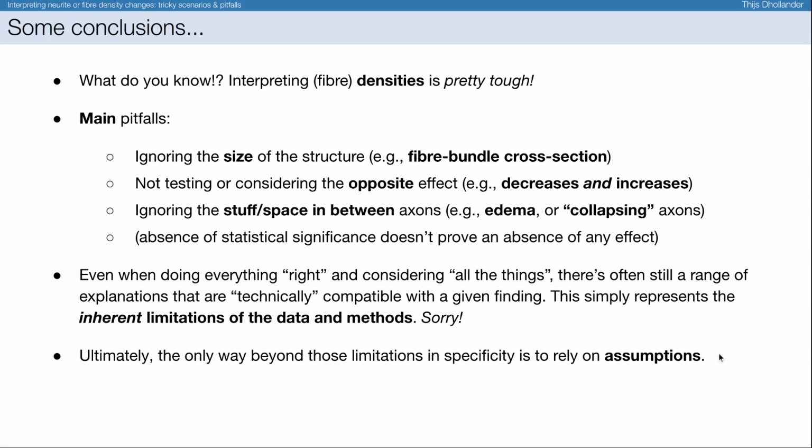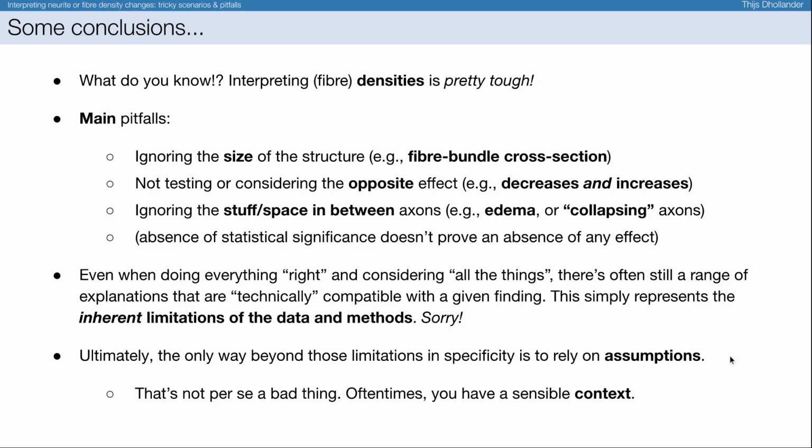That's what you typically do if you need more specificity. You make some assumptions. And that's not per se a bad thing, because oftentimes you do have a sensible context. If you hypothesize that inflammation might happen, and you find that the density goes down, but the cross-section goes up, then you got your explanation right there. You can use this information, of course.